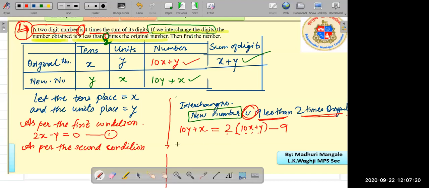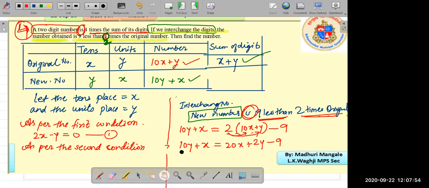Great. And now we have to simplify this, bring it down to the standard equation form. So that will be 10y plus x equals to 2 times 10x, that would be 20x, plus 2 times y, that would be 2y, and minus 9 is written as it is. Now we need to get it into the standard form. So how do we bring it to standard form? We get the x terms and y terms on one side, right?